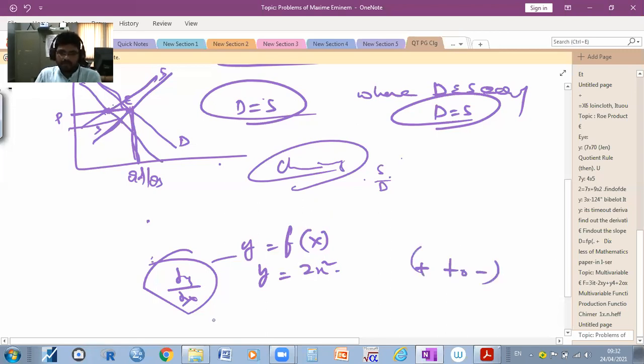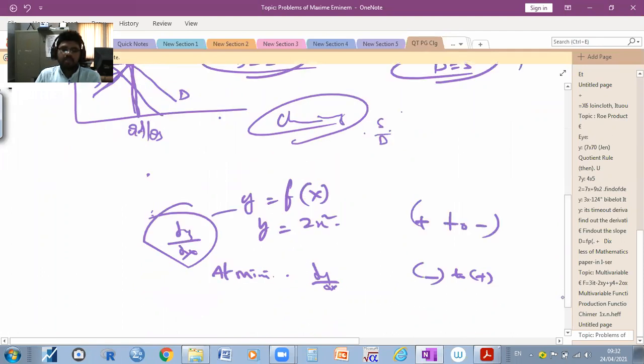At the minima, the sign of dou y by dou x changes from minus to plus. So this is one of the ideas to understand what optimization, maxima and minima are. When you get into the practical part, you will come to know how we can get the maximum and minimum.